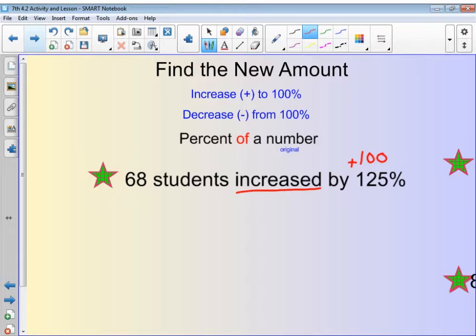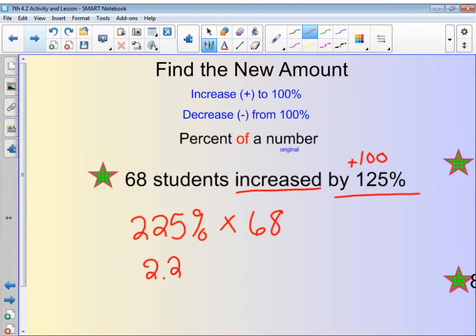So if we add 100%, our new percentage is 225%. Of means times 68. So we're going to use 2.25. That's our decimal form of that times 68. Okay, so we should end up with a number that's much larger than 68. So 2.25 times 68 gives me 153 students.